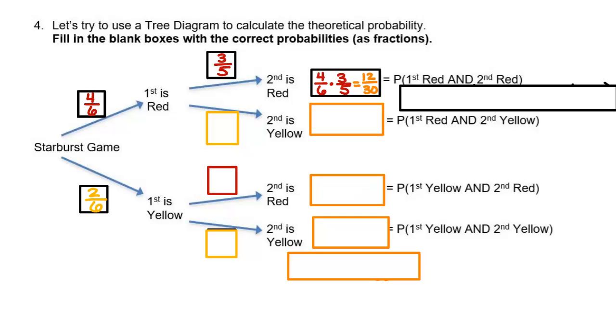If you do reduce the fraction, it won't be counted wrong. There's nothing incorrect about it, but typically with probabilities, we don't reduce our fractions down. So like I said, take about a minute and a half. Finish filling in the 3 probabilities on the branches and calculate the 3 intersections.